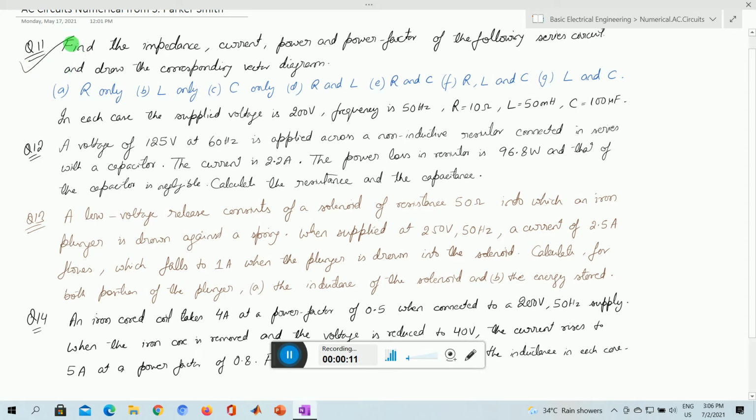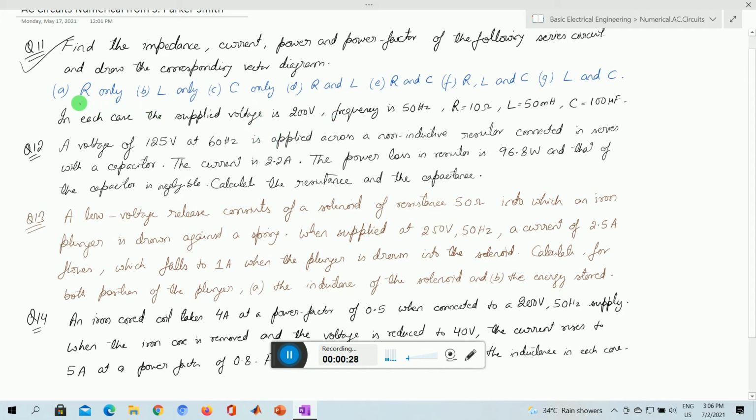One of the problems is to find the impedance, current, power and power factor of the following series circuit and draw the corresponding vector diagram.